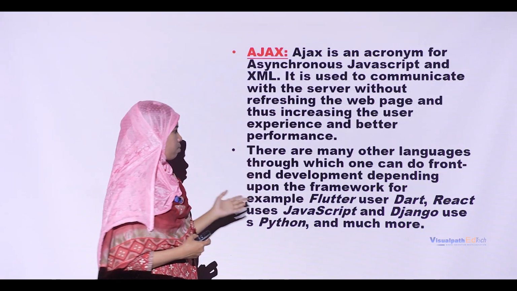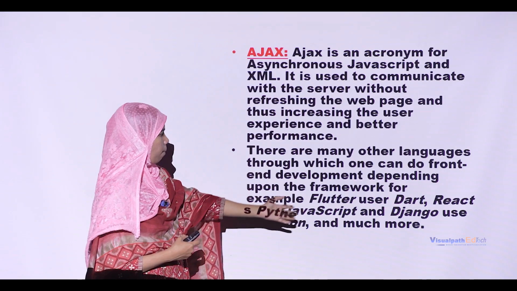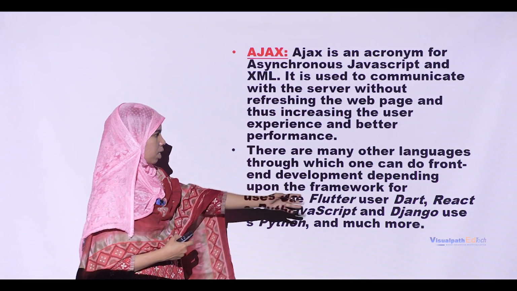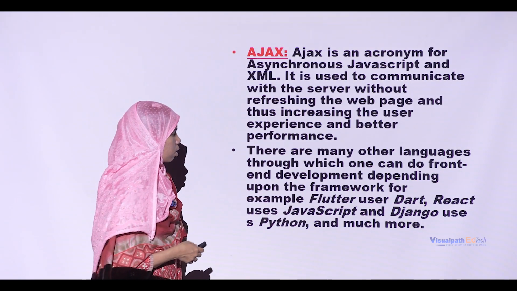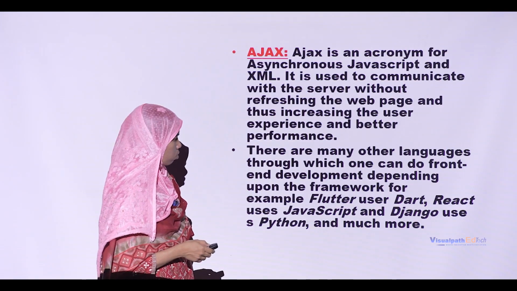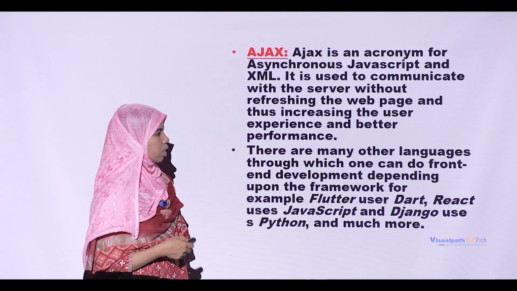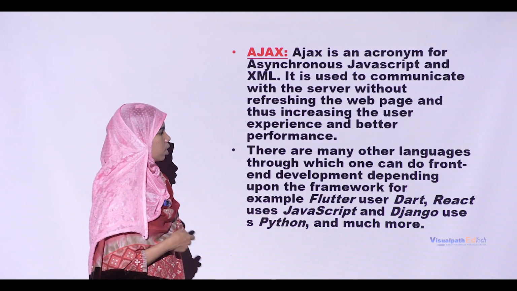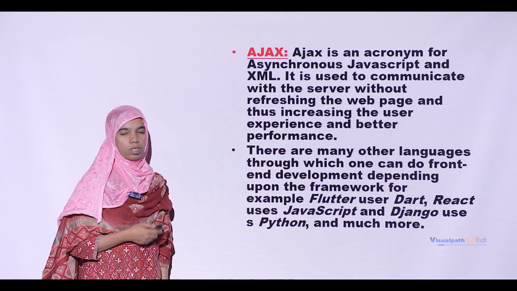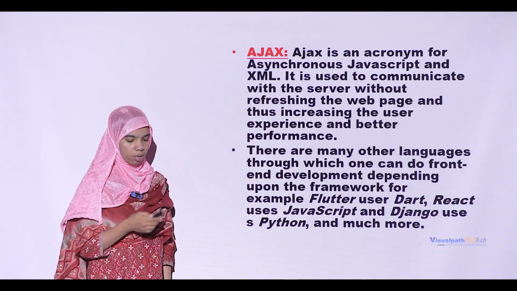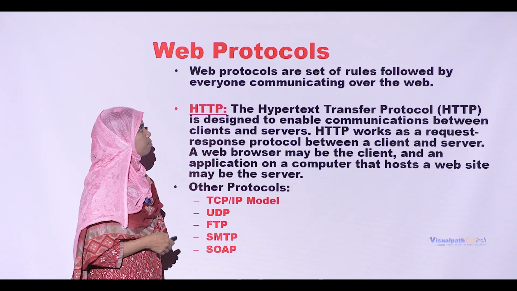There are many other languages available. You can see here whatever the other languages are. Django is there, Python is there, and in addition to JavaScript, we have React also. All these are additional frameworks, we can say, that will be used in designing your websites or in web development.